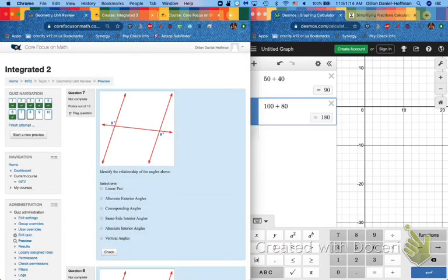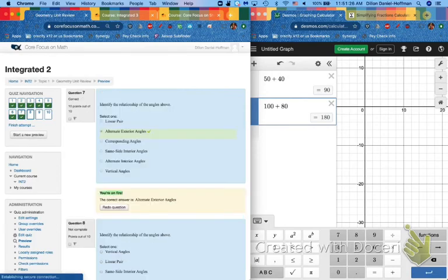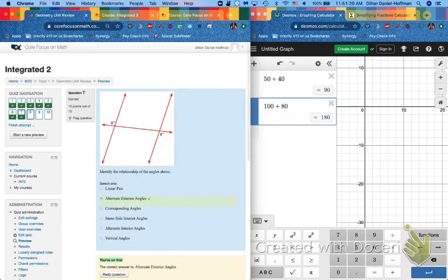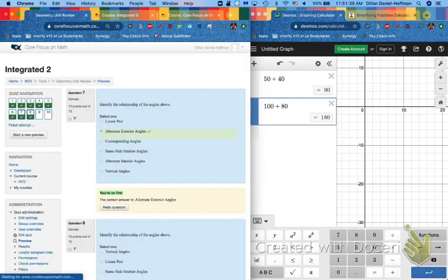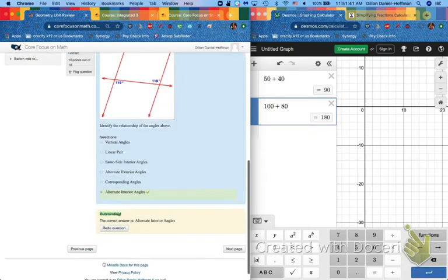All right, then we have two angles that are on the exterior of our lines, and one's on top of our transversal, one's on bottom, so these are alternate exterior angles. Again, you're on fire. I've been on fire a lot lately. And we have two on the interior, and they are top and bottom, so that's alternate interior angles. Each of these being congruent, which is why the 119s match.